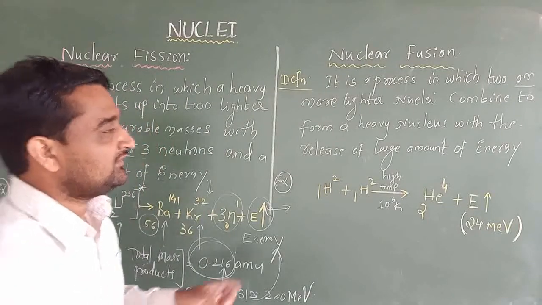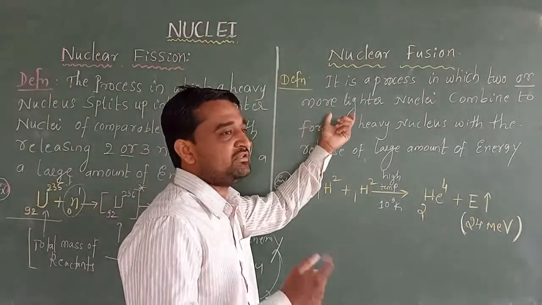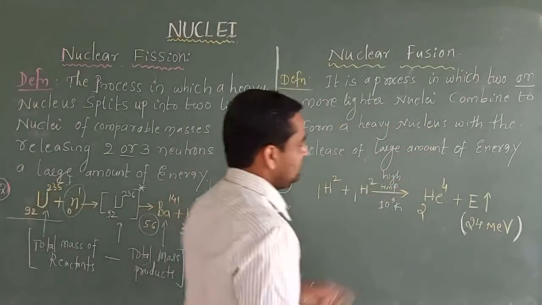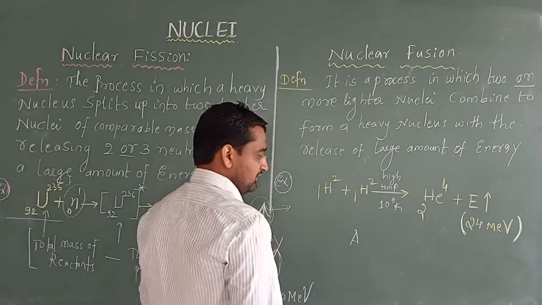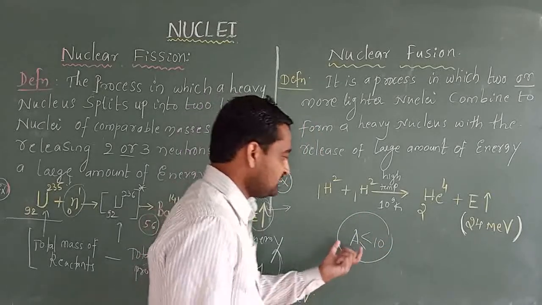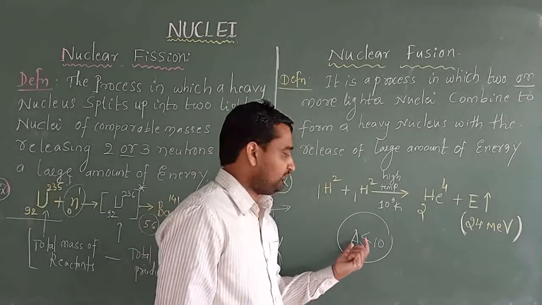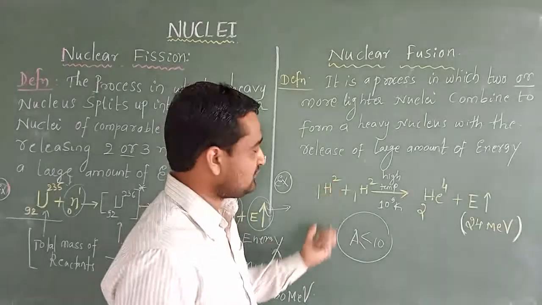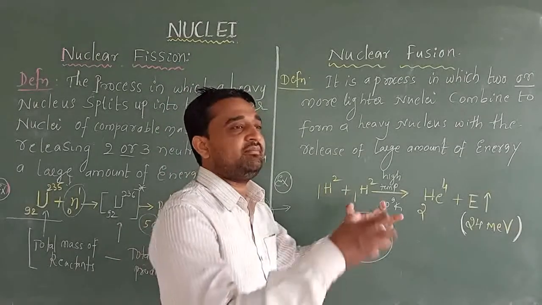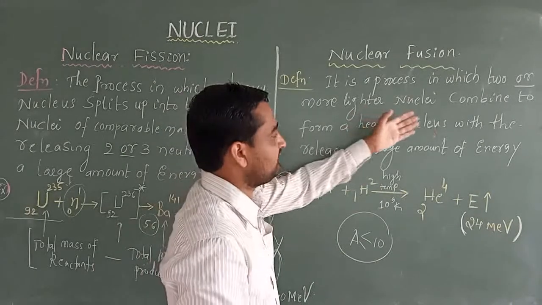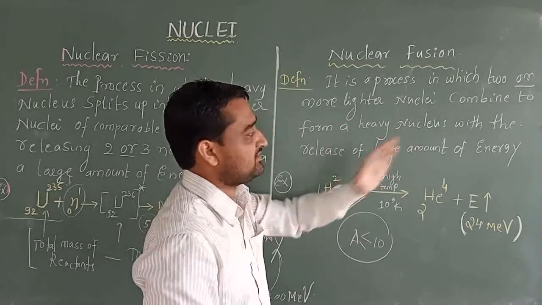That means these lighter nuclei combine to form a heavy nucleus. If the atomic mass number is less than 10, their binding energy per nucleon is small, and they try to become stable by combining with other lighter nuclei, forming a heavy stable nucleus with the release of a large amount of energy.